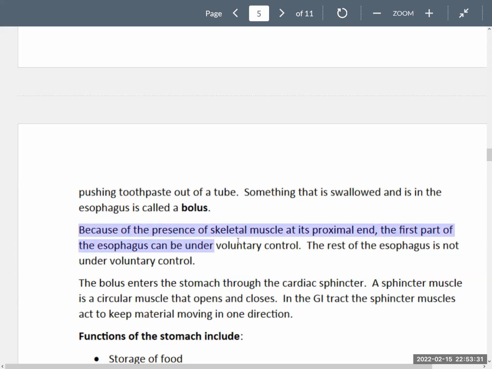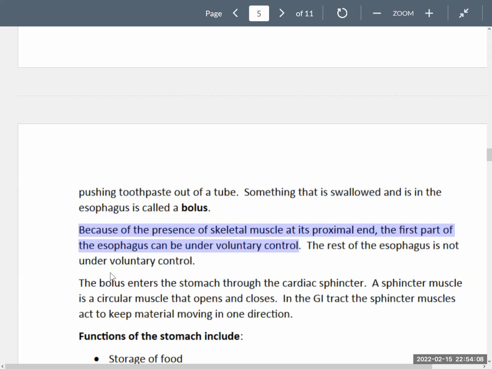Because of the skeletal muscle, the upper esophagus is said to be under voluntary control, but the rest of it's not. Once something gets past this upper 2 inches or so, it's on its way to the stomach. Now, if it's something you shouldn't have eaten, the stomach could still signal antiperistalsis, and that's the same as vomiting. The term peristalsis is around.